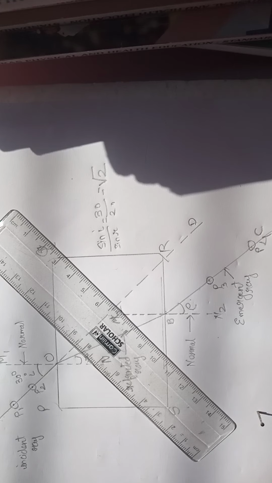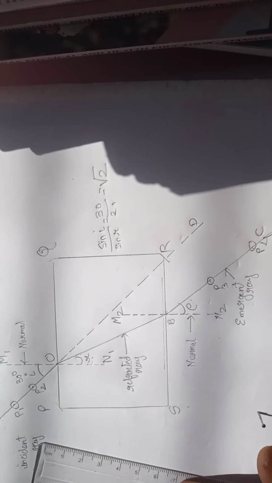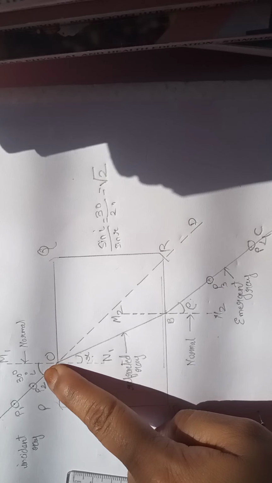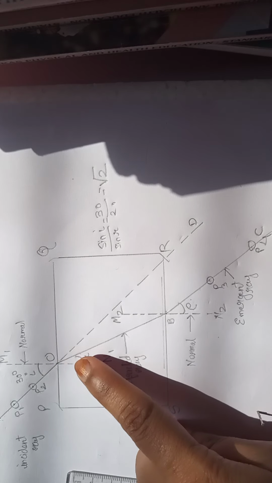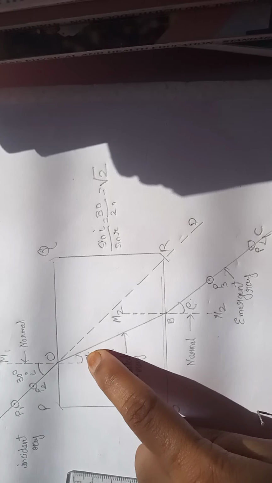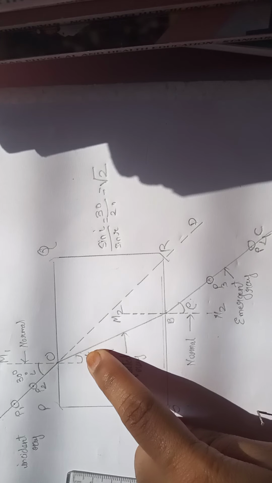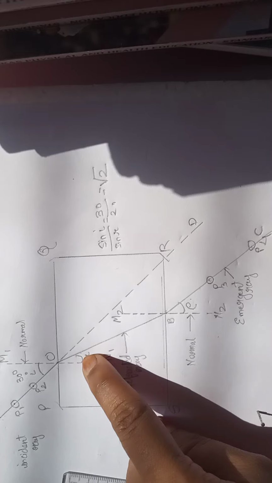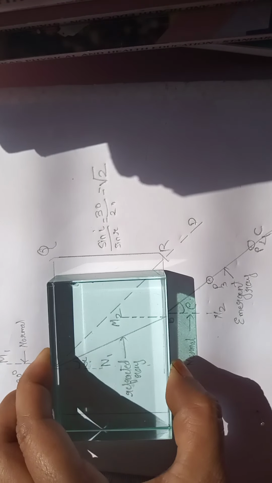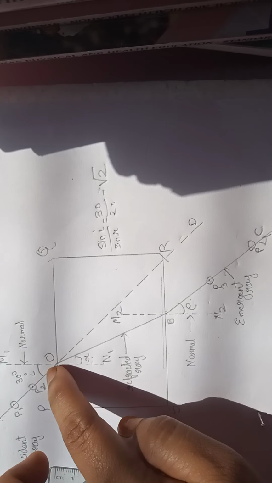The angle of incidence I, that is this one, is greater than the angle of refraction. This means when a ray of light travels from air to glass, this medium is air definitely. If we keep the glass here, we will say that the ray of light is passing through the glass medium.